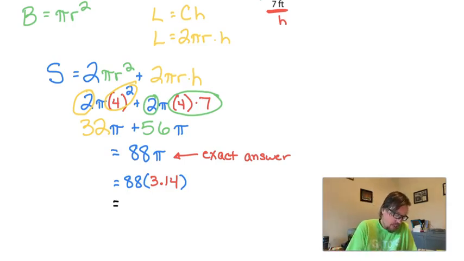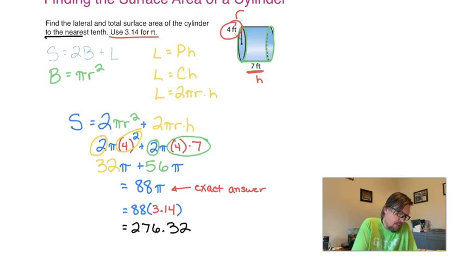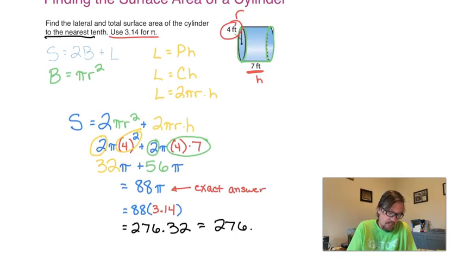That's all right. I actually multiplied this beforehand. That's what you get when you get 88 times 3.14, you get 276.32. But the problem says round to the nearest tenth. So that's going to be 276.3. All of the measurements were in feet, so feet.